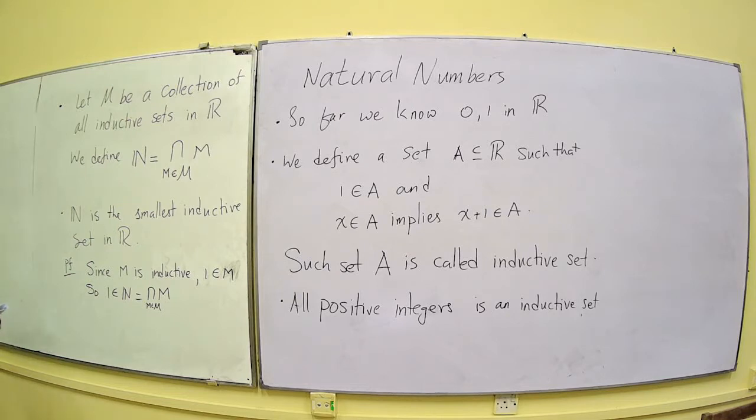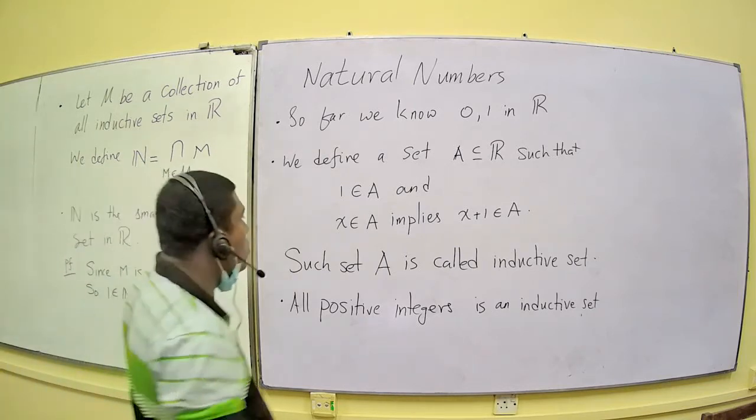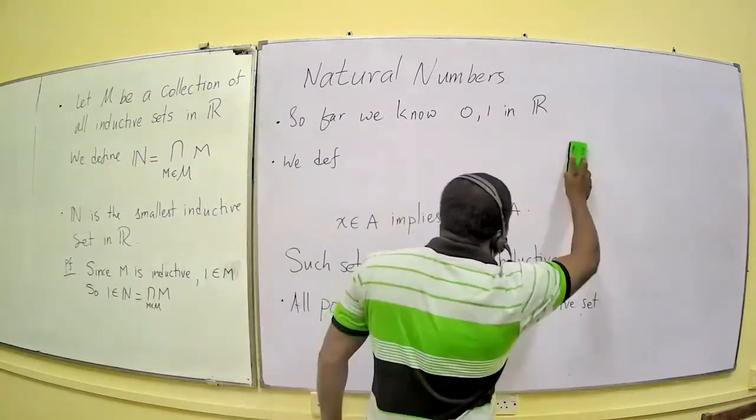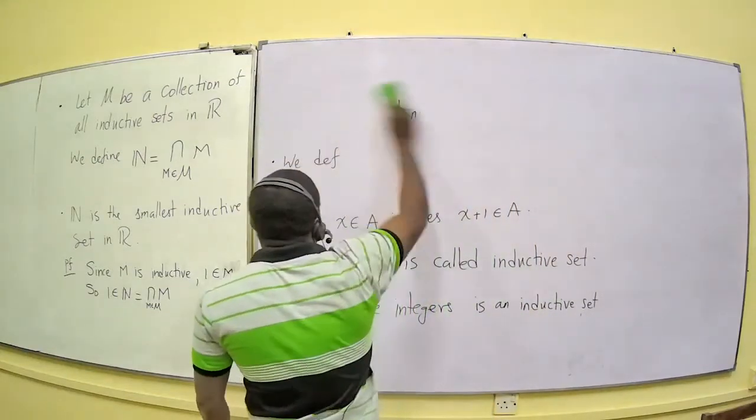That's not a big thing to do. Next, you have to show that if X belongs to N, then X plus 1 also belongs to N.